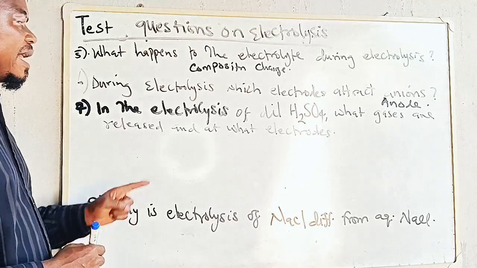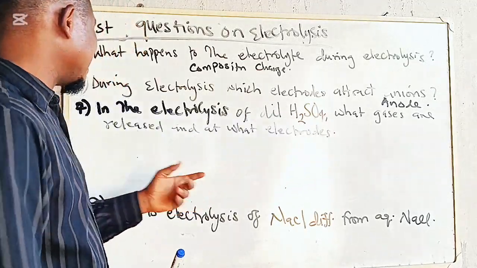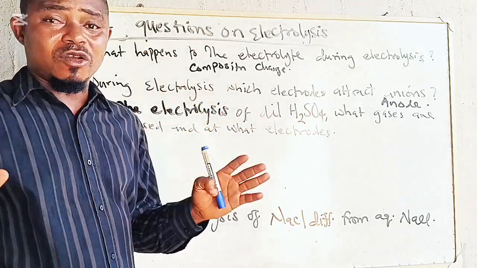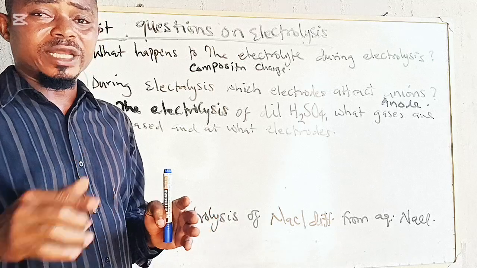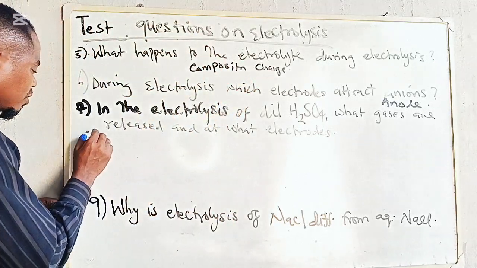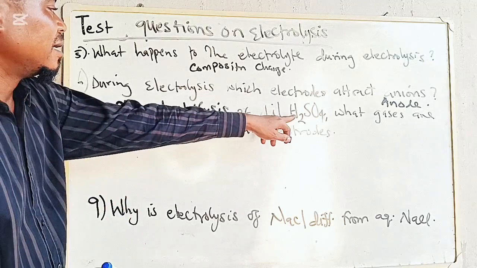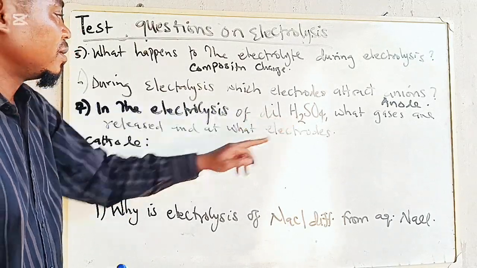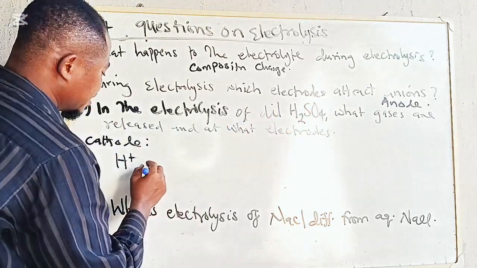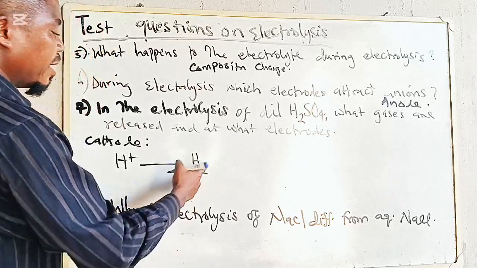Number 7. In the electrolysis of dilute H2SO4, what gases are released and at what electrode? Now you must know your half equations, the reduction at the cathode and the anode half equation. Now, at the cathode, the positive ion, when this ionizes, we move to the cathode.